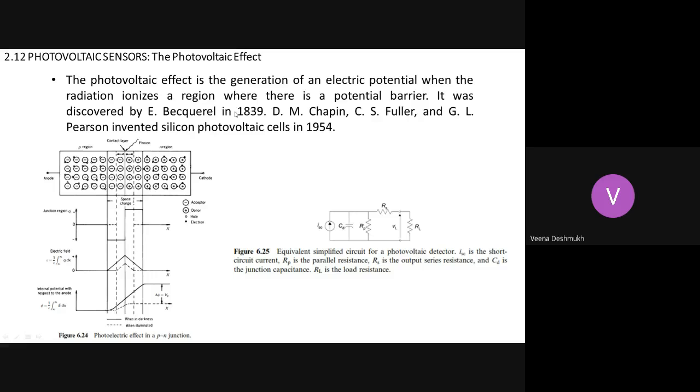So the photovoltaic effect: generation of an electric potential when the radiation ionizes a region, when the light falling onto it ionizes this particular area or region, where due to the junction action, you get a potential barrier developed across the P and N layers.